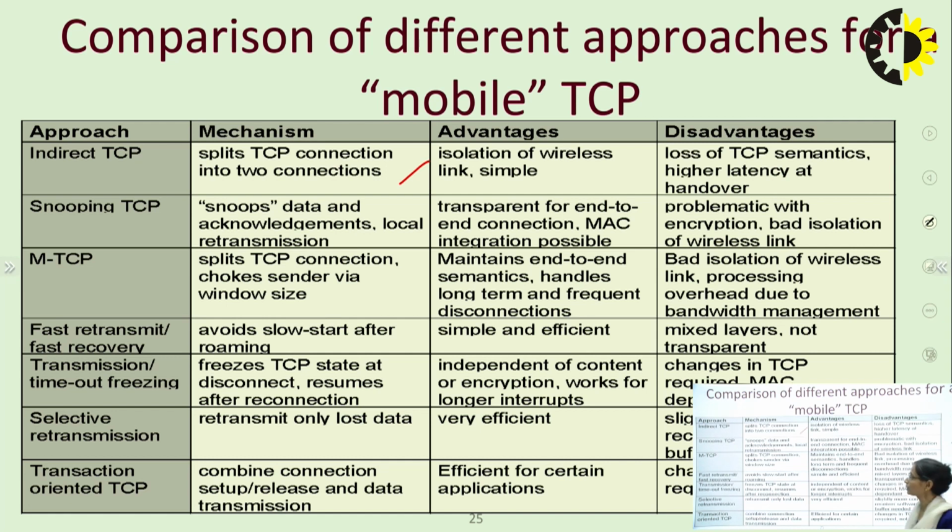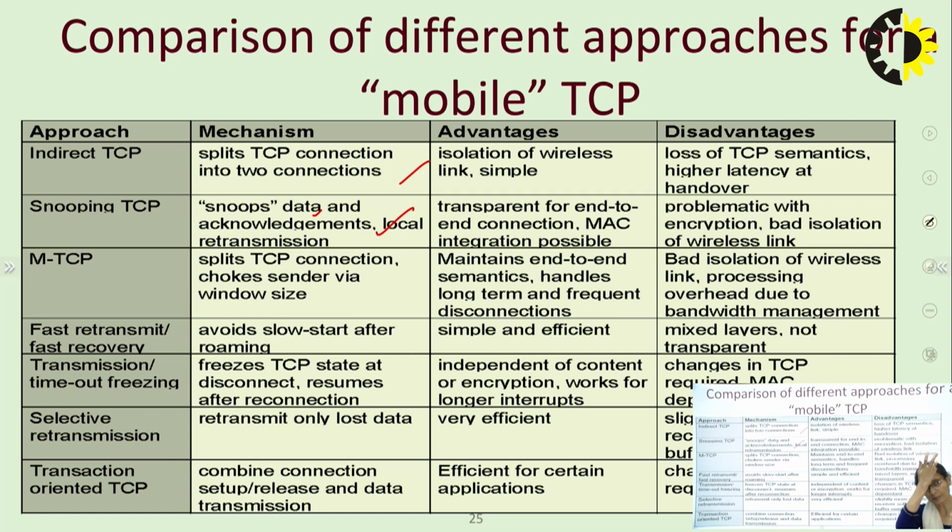In the case of snooping TCP, it snoops the data and acknowledgement packets and does local retransmission. The advantages are that it is transparent for the end-to-end connection and MAC integration is possible, but it shows problems with encryption because it is snooping the data, so it plays with security. Also, there is bad isolation of the wireless link.